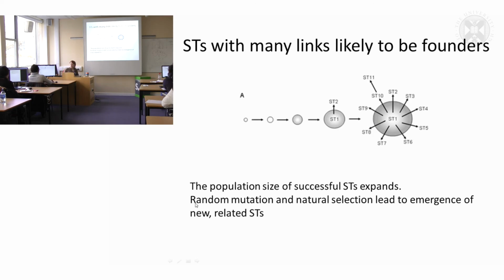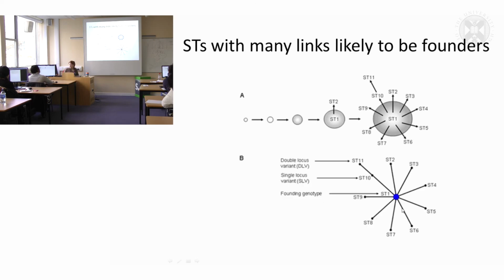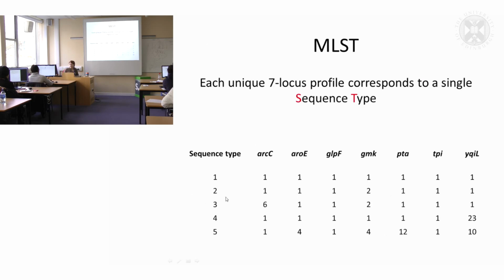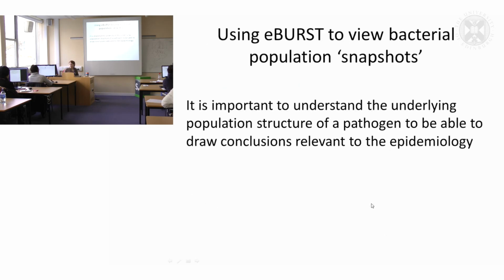And these mutations that you see in the allelic variants, so in those parts that we're looking at, are what dictate what these sequence types are. So you can see here, like I was saying, you've got your founding genotype and then a single locus variant, and then if it's 2 differences, like this one from this one, that would be a double locus variant.